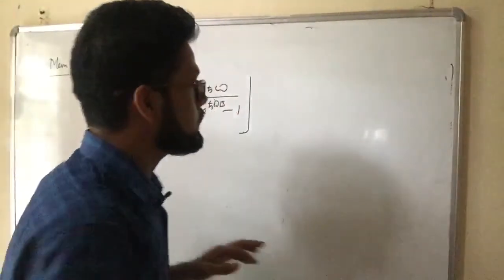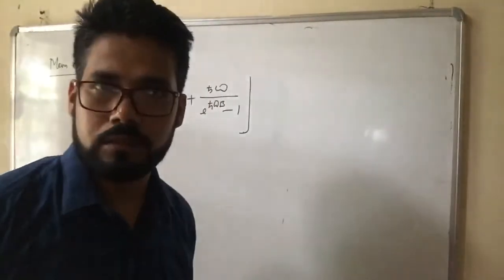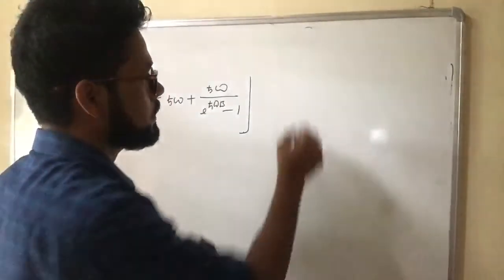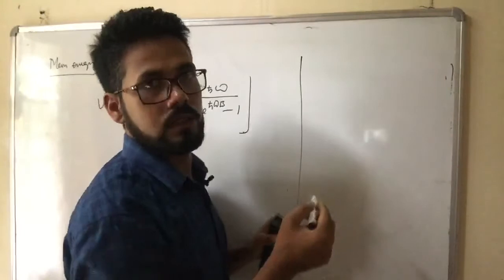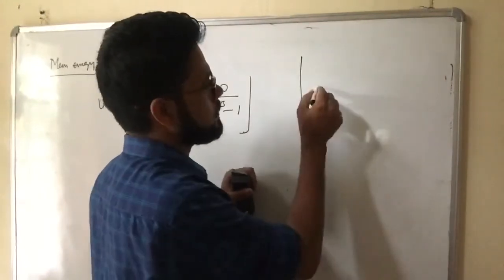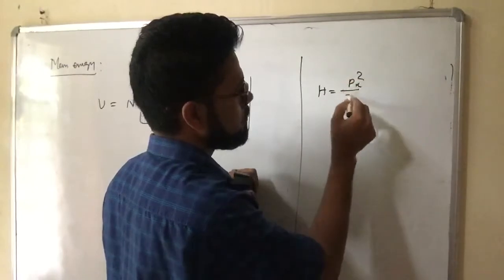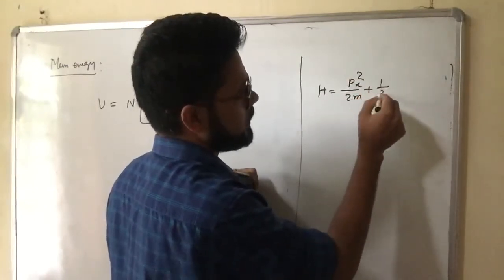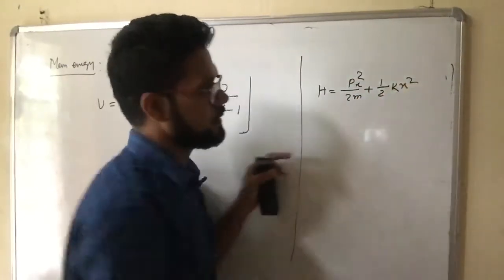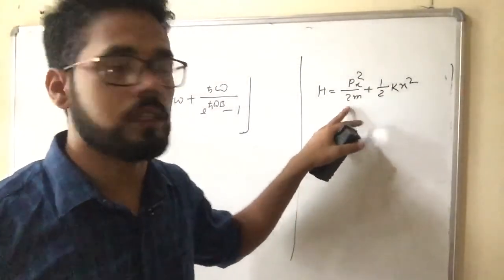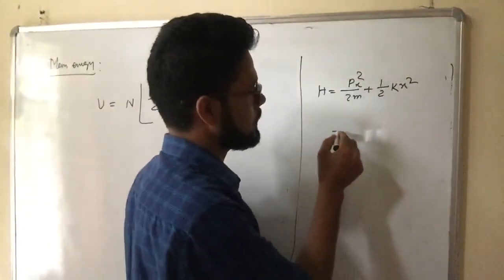And what is the mean energy of a classical oscillator? I have already given you the calculation. For a classical 1D harmonic oscillator, the Hamiltonian is represented by this one. According to the equipartition theorem, how much energy?